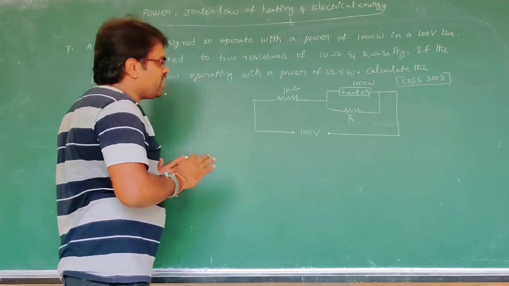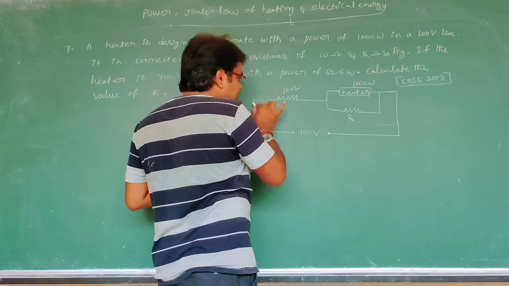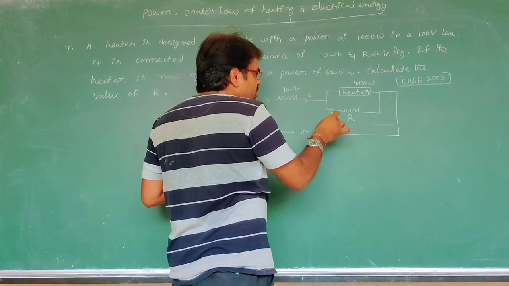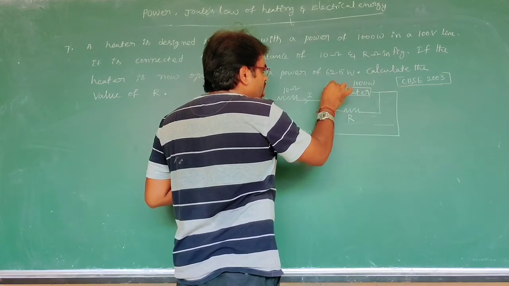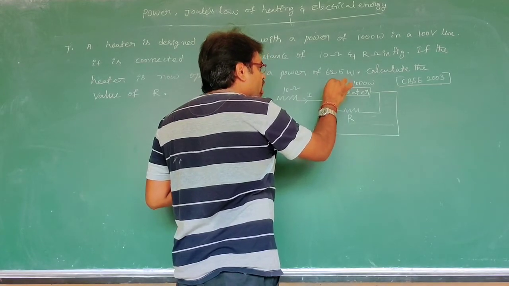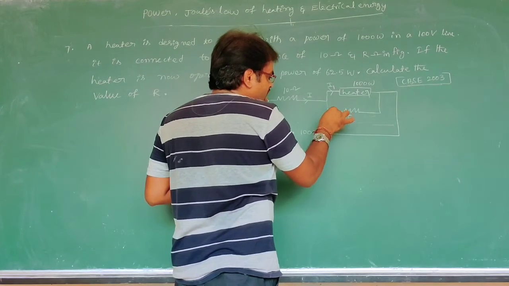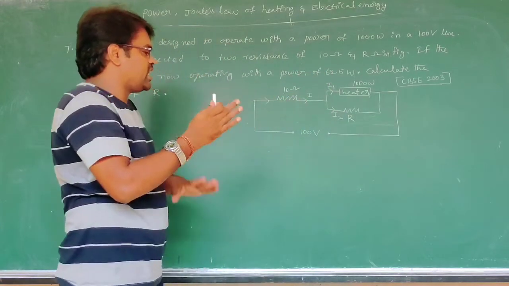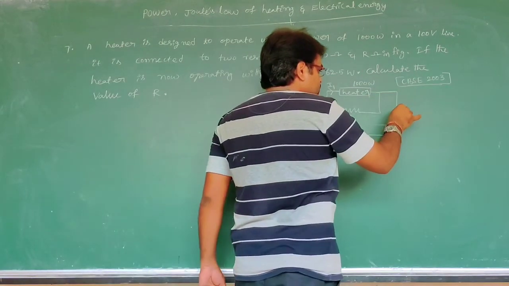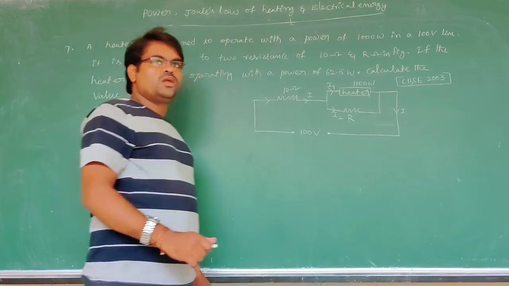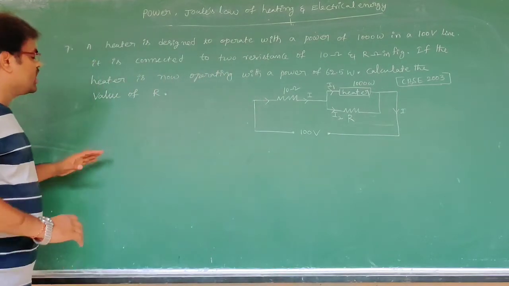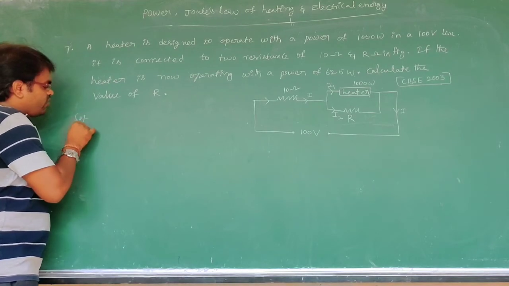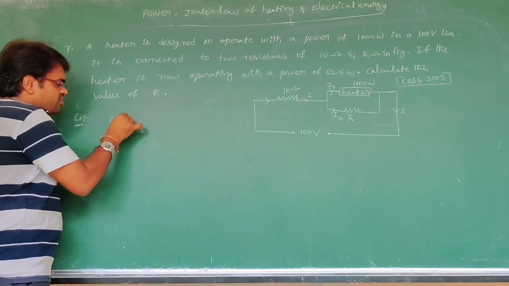Now in the figure, the 100 volt line is connected. The current I flows through, the current in the heater is I1, and the current in R is I2. That means the current is divided into two parts and again comes back to the same current. Now first we can find the resistance of the heater.